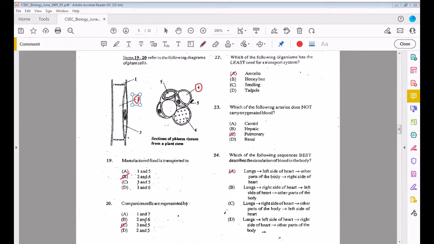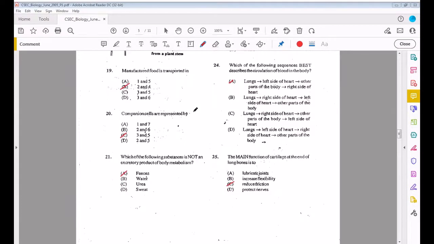So when they cut the stem, this is what you'll see. And 20, companion cells are represented by C, 3 and 5. So 3 and 5 here, because this is the phloem just from the upward view or above view.